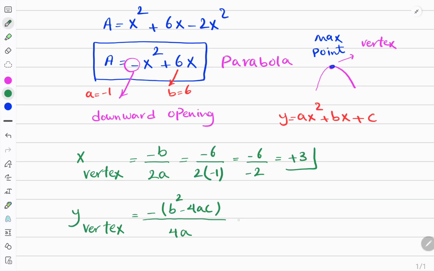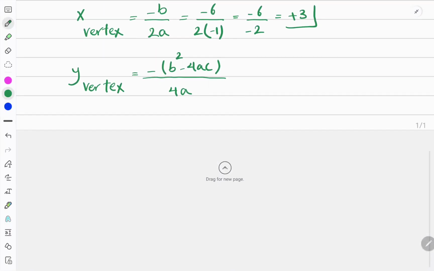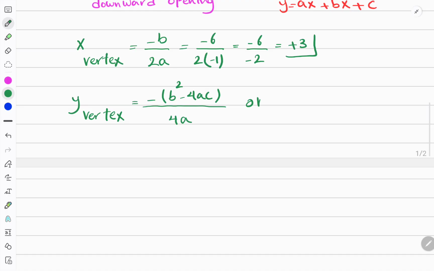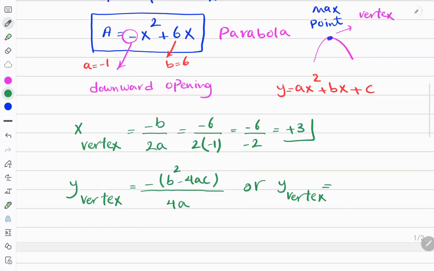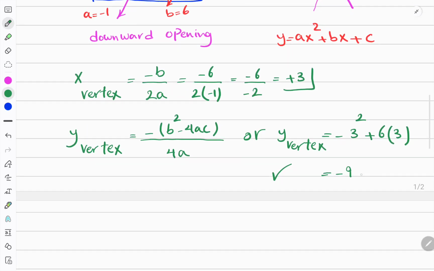This is a formula that you can use, but I'm going to use the first strategy, substituting x into the equation, because I think in this case it's simpler. Negative x squared plus 6x: negative 9 plus 18, y is positive 9.